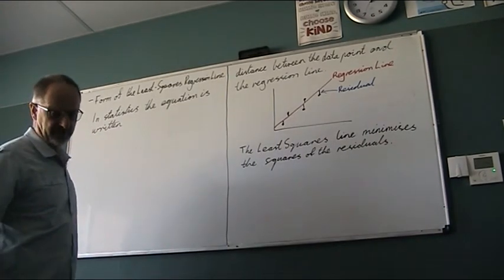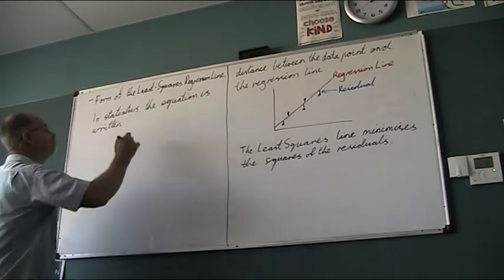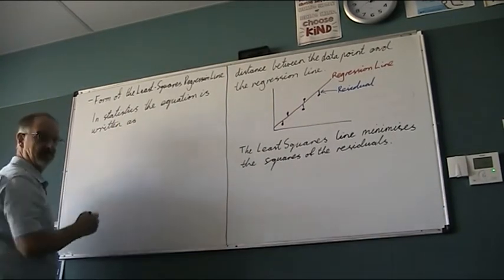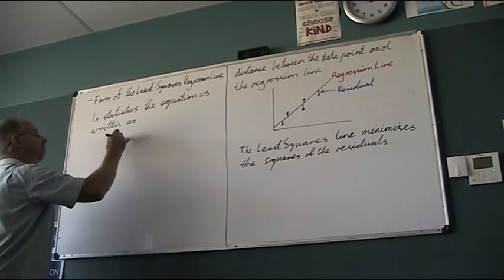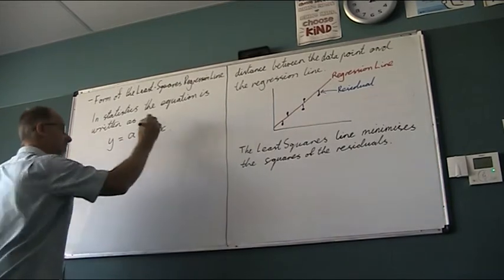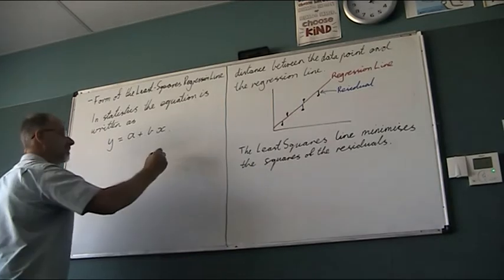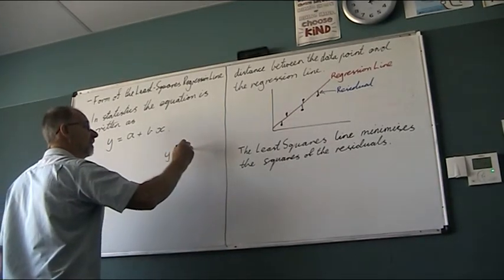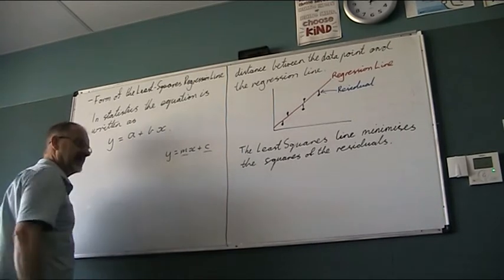So instead of m and c, statisticians like to use a and b. We've been used to y equals mx plus c, where that's your y-intercept and that's your gradient.